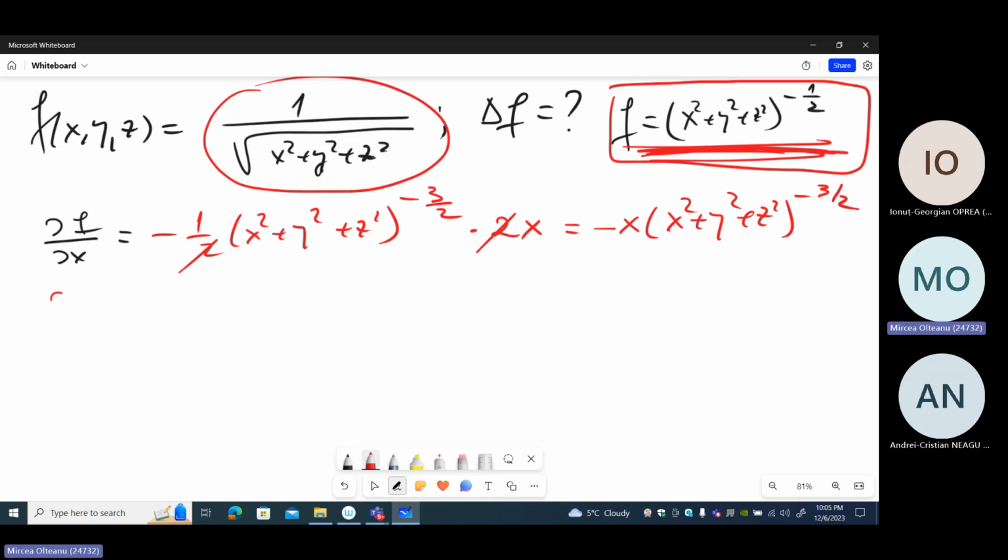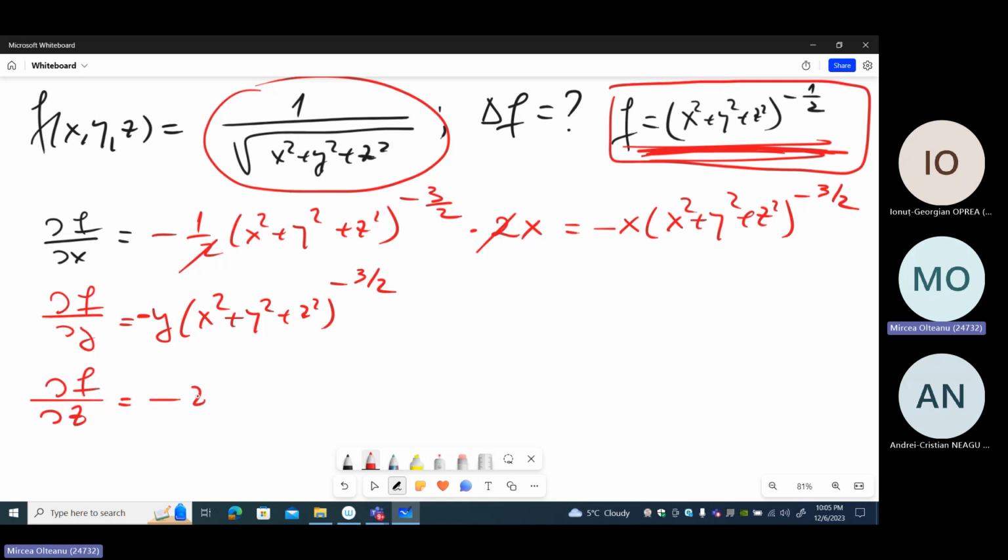Now, can you tell me directly the partial derivative with respect to y and with respect to z? Because of the symmetries between x, y, and z. Minus y times (x squared plus y squared plus z squared) to the power -3/2, and minus z times the same. Okay, these are the first order partial derivatives.